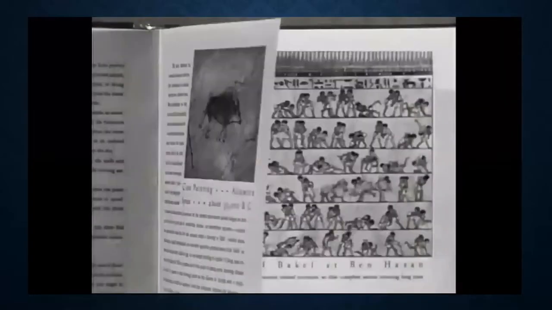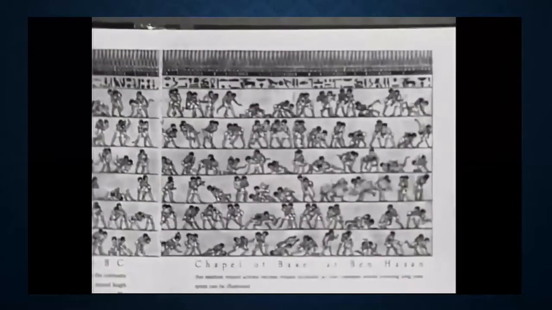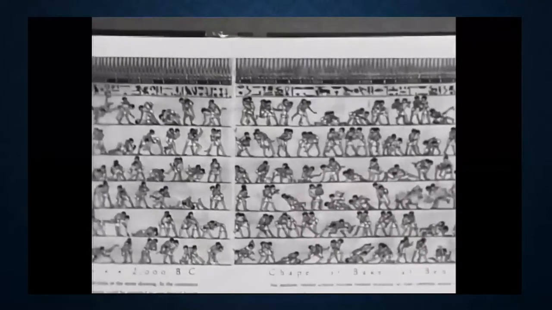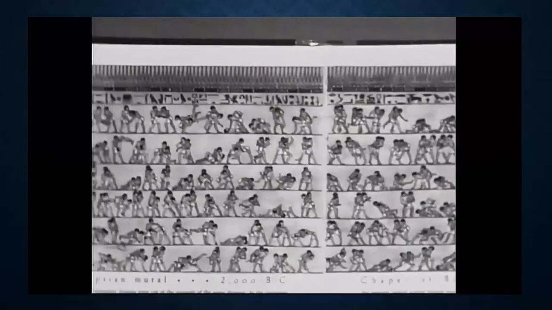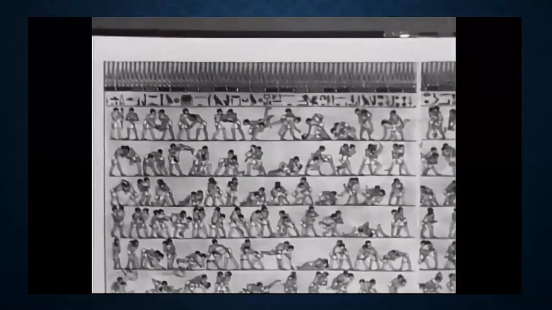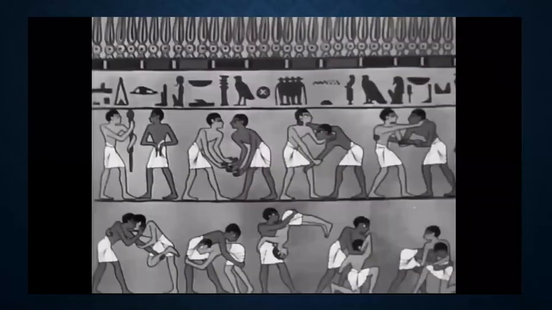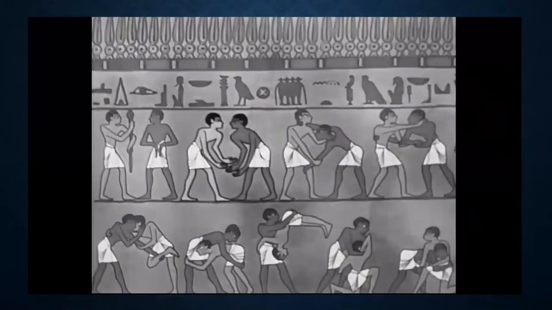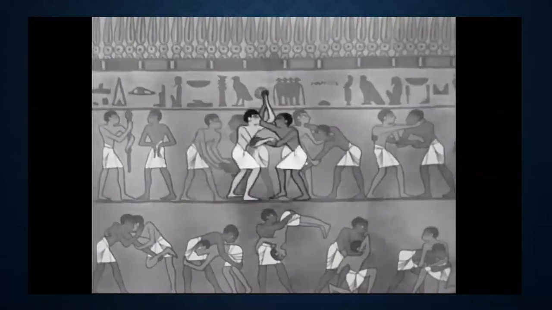Primitive, of course, like himself, but basically correct. Here we have an Egyptian wall decoration of about 2000 BC. This mural of two wrestlers has almost the appearance of a strip of film. If we again take certain liberties and skip from pose to pose, we here also achieve animation of sorts.